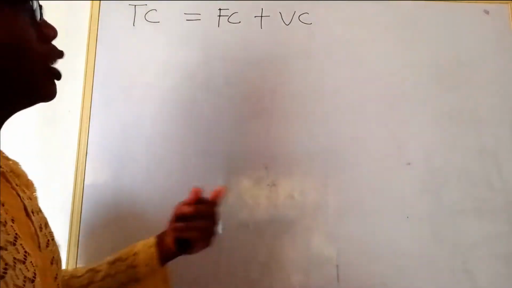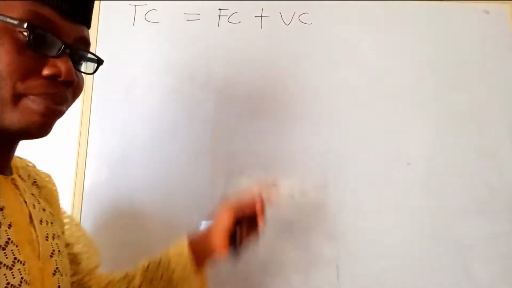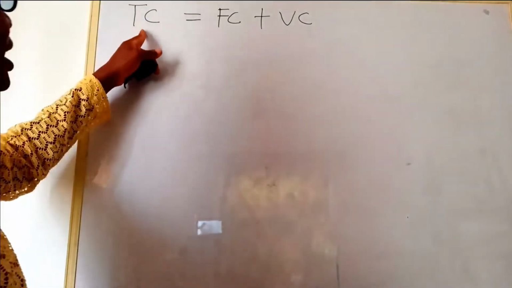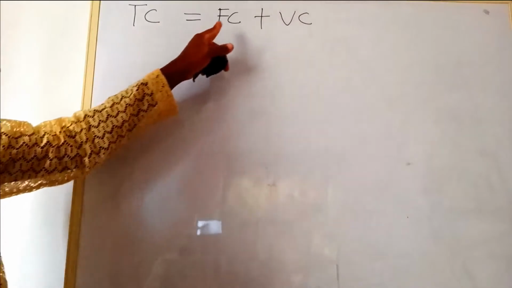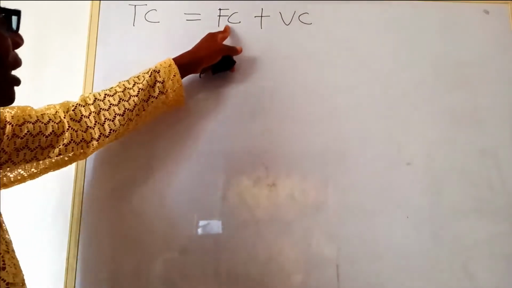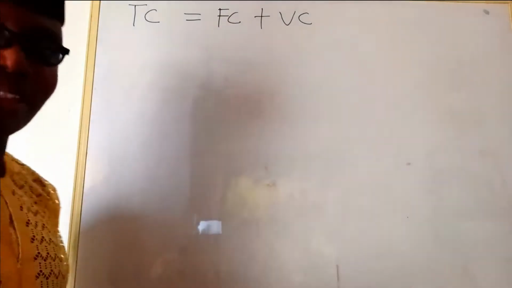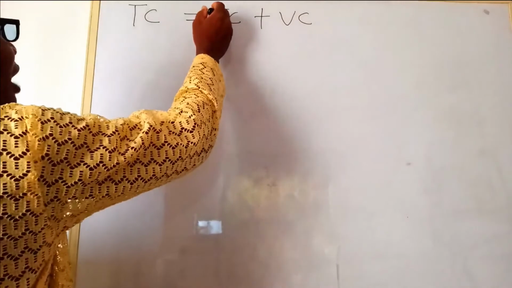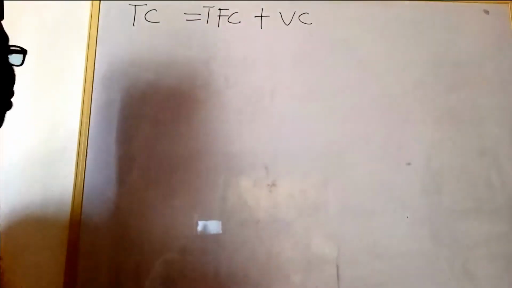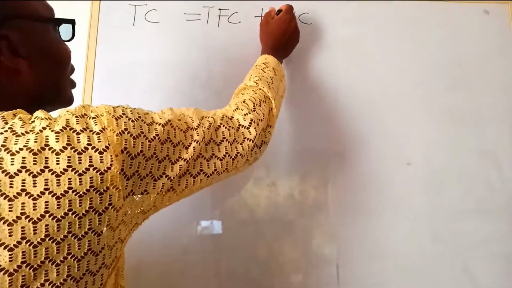If you want to manipulate this formula, depending on what you are looking for, for example, if you were given this and you were not given this, but you were given this and you are looking for this, it's all the same thing. For purpose of explanation, I put this as total fixed cost and this as total variable cost.